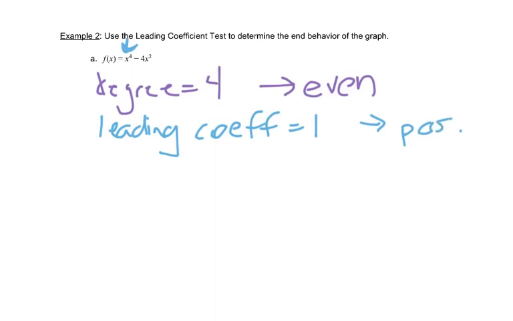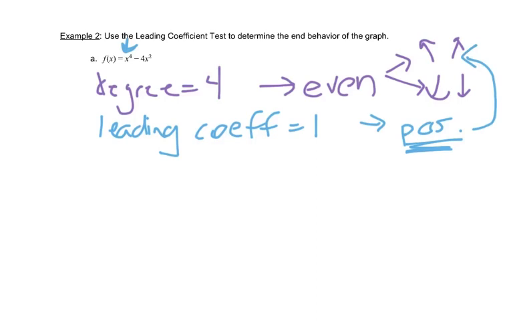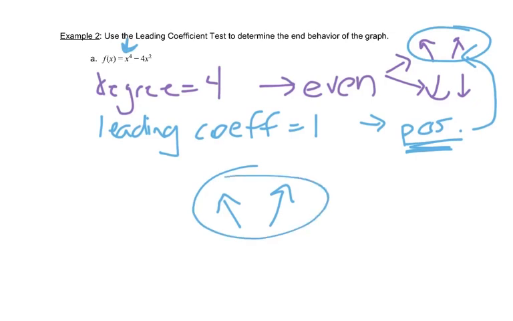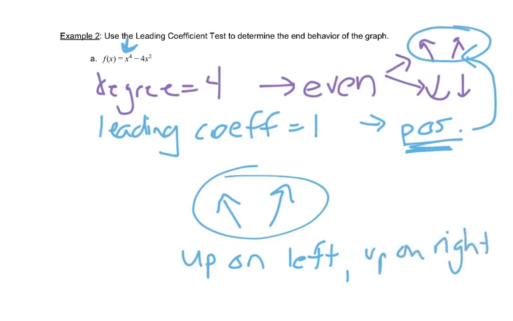So this tells me the ends are going to go the same. This tells us that it's either going to be like this or that it's going to be like this. And the fact that my leading coefficient is positive tells me that they're both going to go up. So my final answer is that it goes up on left and up on right.